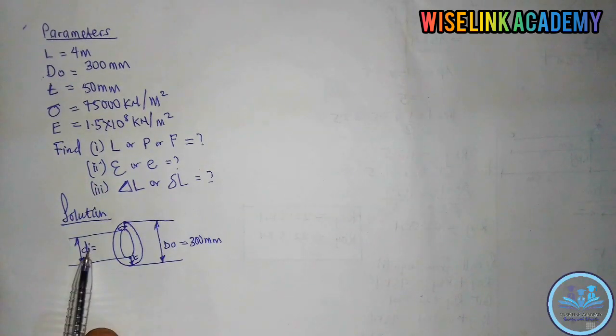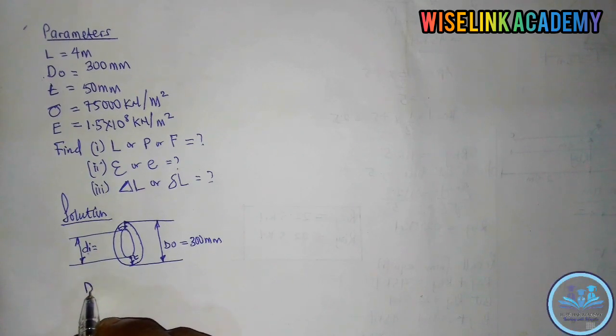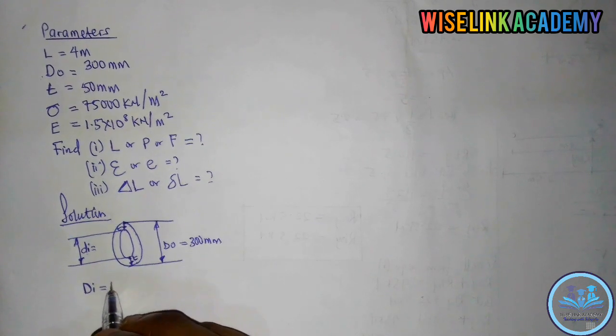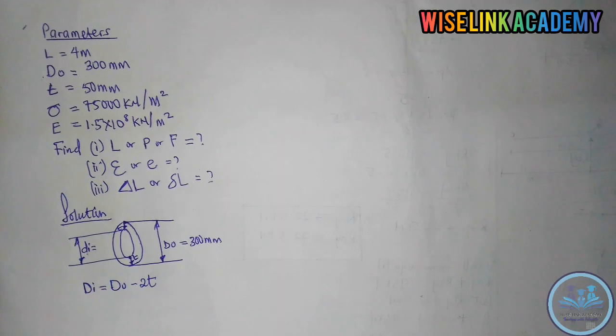So for us to find our inner diameter, that will be D inner equals D outer minus 2T. This is the formula I'm going to use to find our D inner.